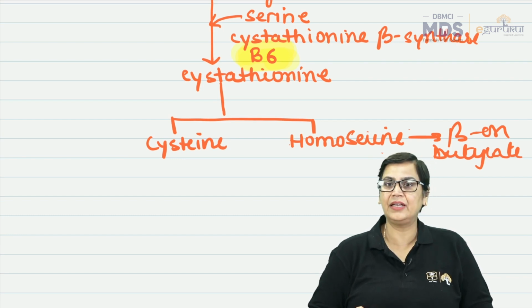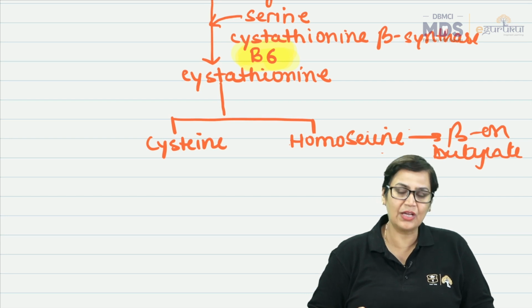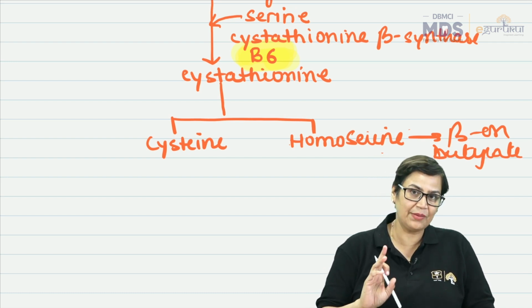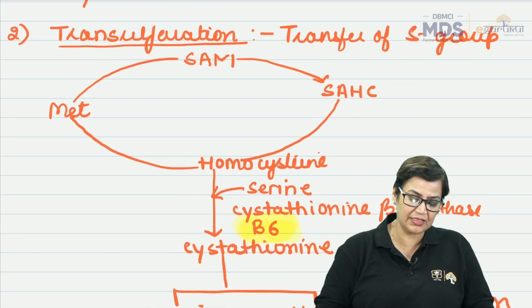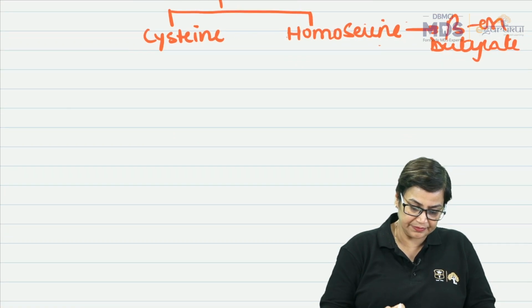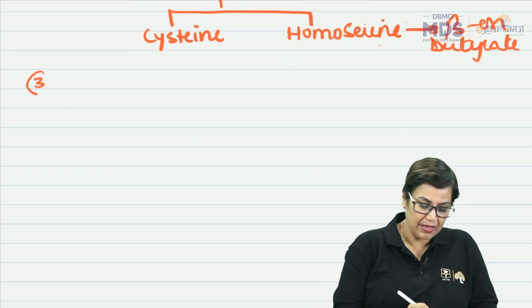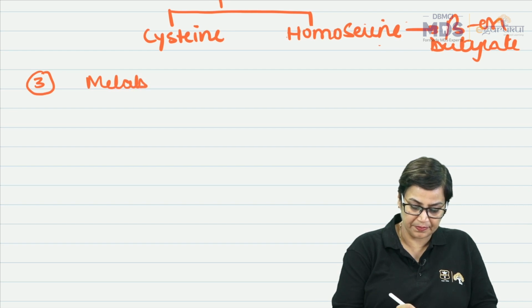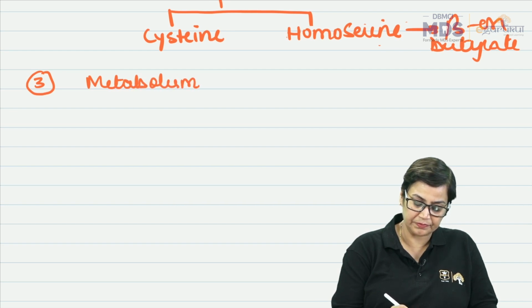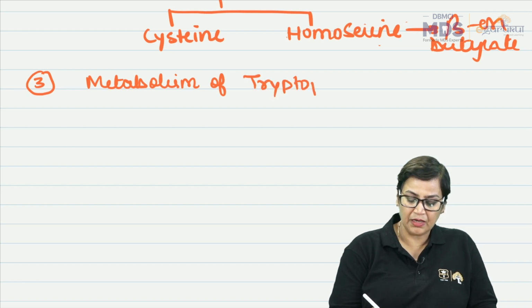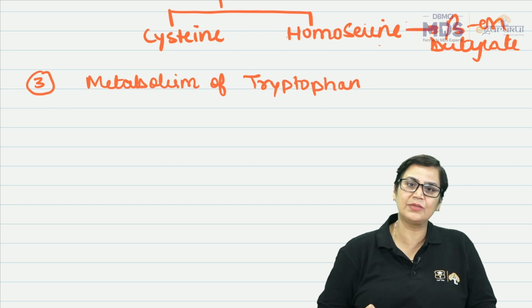The reason why I am writing the individual reactions is that when we study the deficiency manifestations, these are the reactions which will be hampered. So this is the second important reaction, which is transsulfuration. Then third is metabolism of tryptophan.